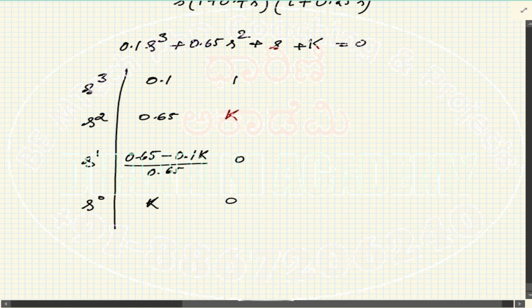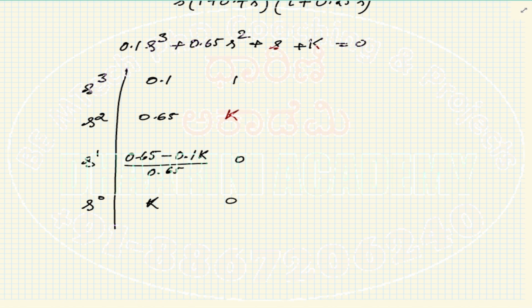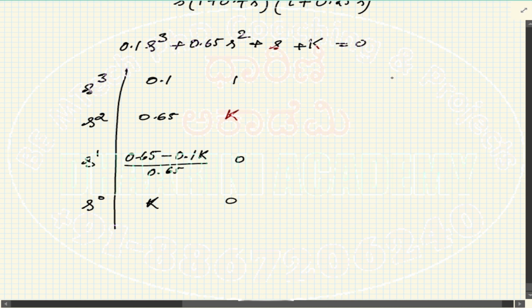Now the question says that the system needs to be stable. In the question it is mentioned to find the range of K such that the system is stable. What is the condition for stability using RH? There should not be any sign change.